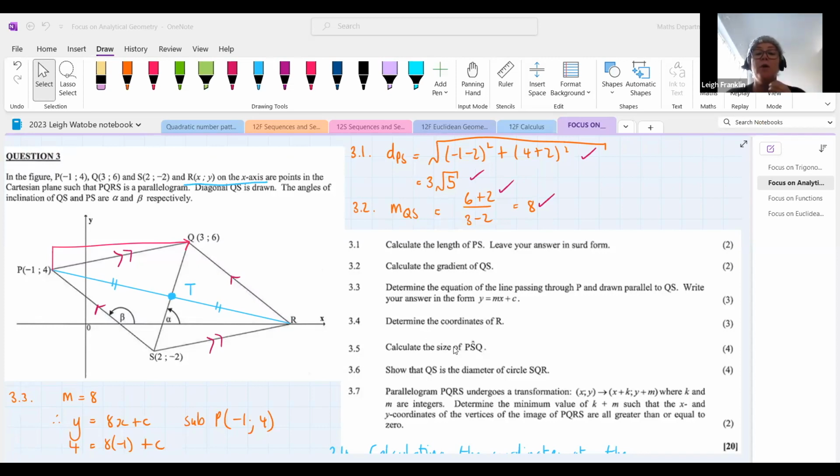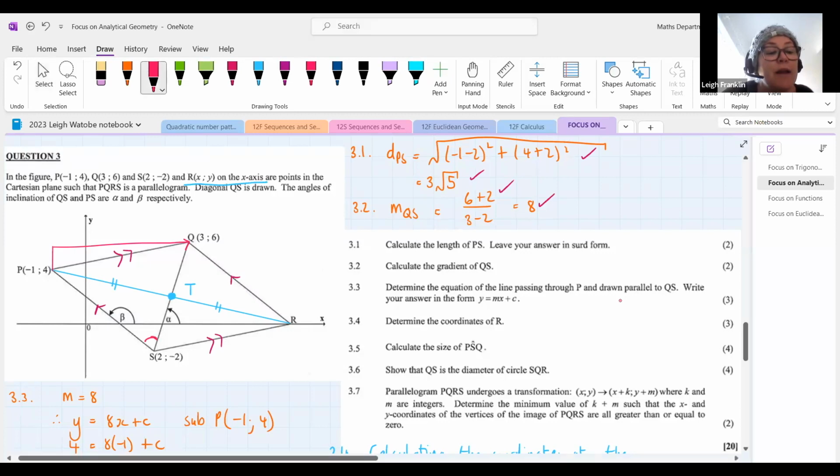Cool. Now they want the size of PSQ. All right, so PSQ is this angle over here. PSQ, it's that angle over there. All right, so any ideas as to how we would calculate that angle? Anyone get that already?